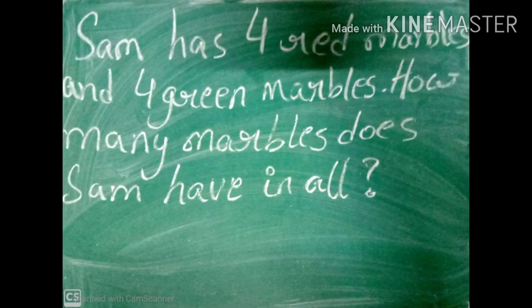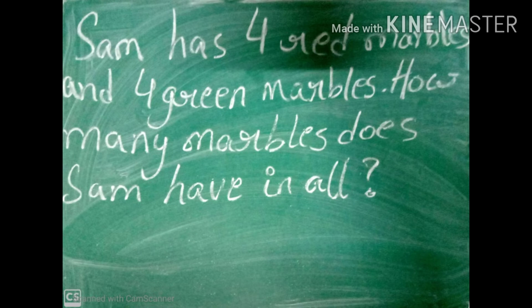Now let's see one more example with one digit numbers. Sam has 4 red marbles and 4 green marbles. How many marbles does Sam have in all?